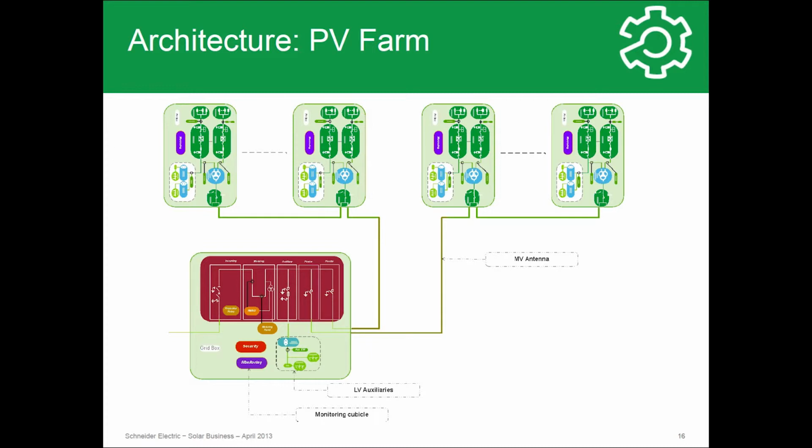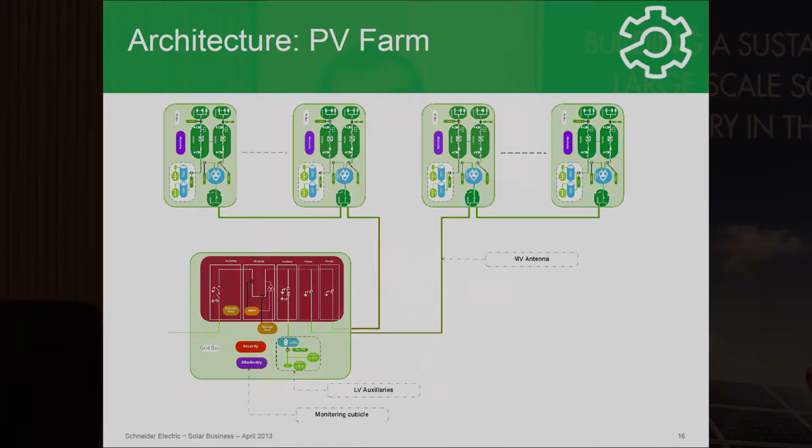Now, if we look at the whole PV plant, all your PV boxes are connected, in this case in a star model, to the main switchgear, to the grid box, and so you have the feeders and then you have the security. What is important to see is that here you can disconnect from the grid, so your grid operator is going to cut you here, but is not going to interfere with your PV box.